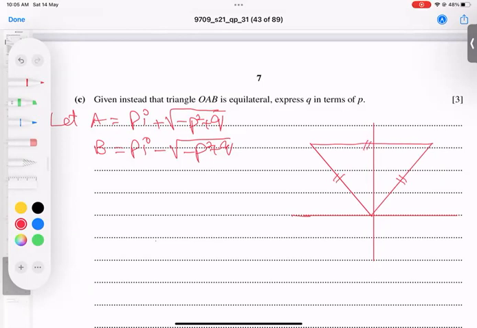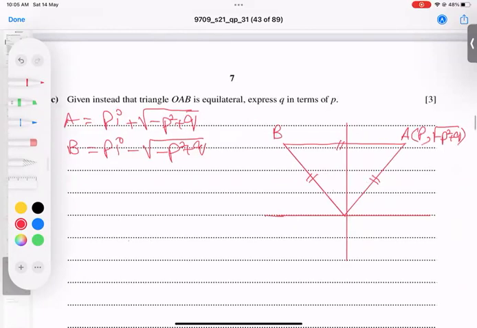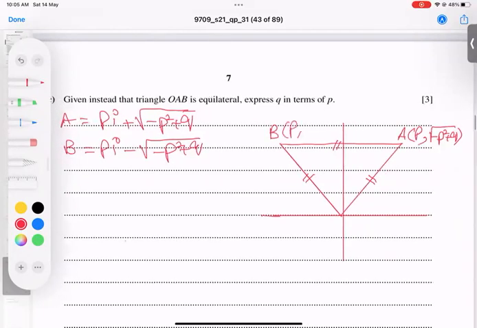And this is the one I take as A because it is positive, and this is B. And the coordinates of A will become P, root of minus P square plus Q. And the B coordinates, no need to show, but I'm just showing for your confidence, negative root of minus P square plus Q. And because it is an equilateral triangle, every angle is 60 degree, 60 degree, 60 degree.